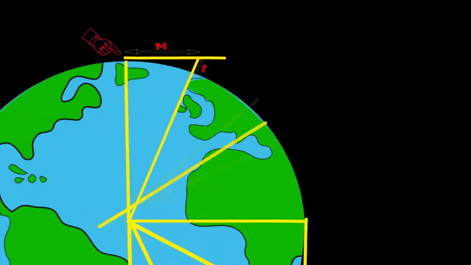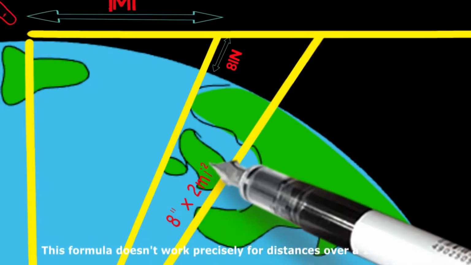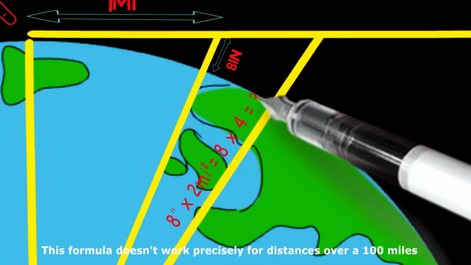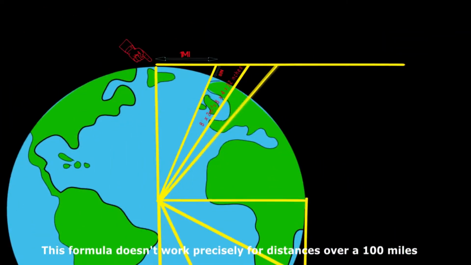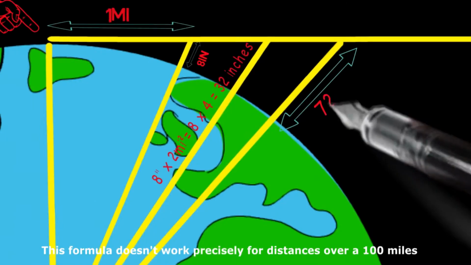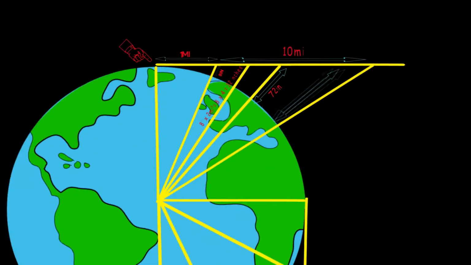But in 2 miles, the convex surface must be calculated as 8 inches times 2 miles squared, which is 8 times 4, or 32 inches. At 3 miles away, there must be a 72-inch drop, and in 10 miles, a drop of 66.6 feet, or 800 inches.